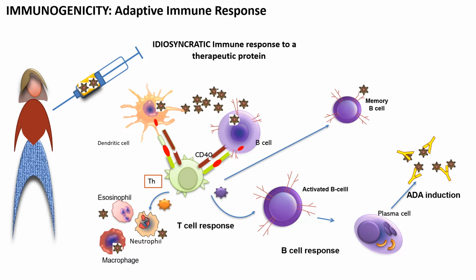In addition, the T cell can also stimulate a memory on these B cells so that they are always ready to get rid of the drug. So we have many different ways that the immune system will create an immunogenic response, and all of them are triggered to get rid of the drug because it's been perceived as a danger signal.